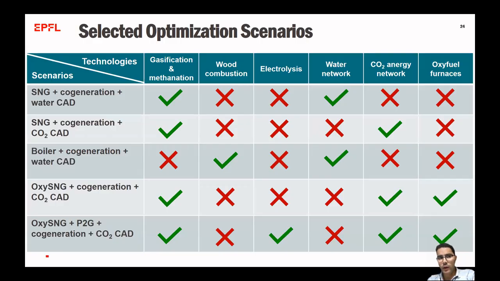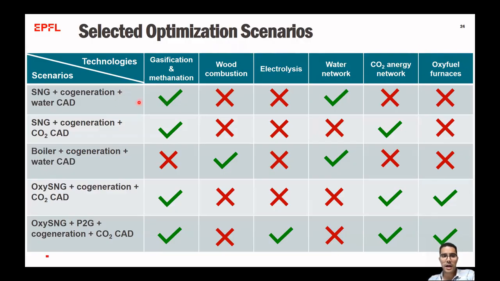So as we can see, we can have several scenarios in which we can leverage gasification and methanation. We can also use wood combustion to directly provide heat or for cogeneration. We can have electrolysis that allows us to recover the CO2 and react it with hydrogen to produce more methane. We can have either water district heating networks or CO2 networks, and we can also leverage oxy-fuel furnaces.